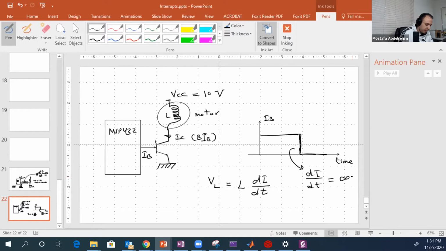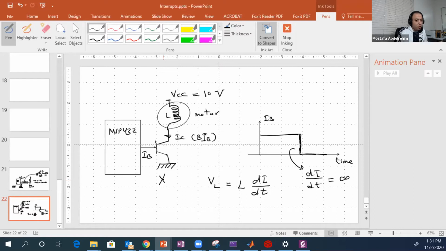Very high. Practically, it will be very, very high, 100 volts, for example, something like this. So this 100 volts can crash the transistor. The transistor will just burn.